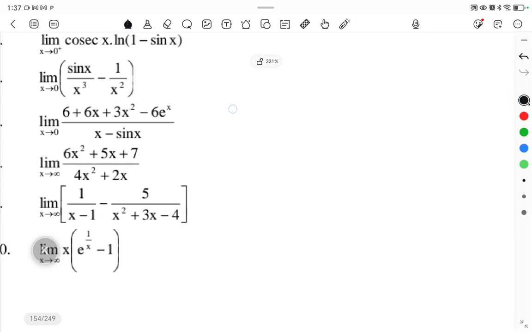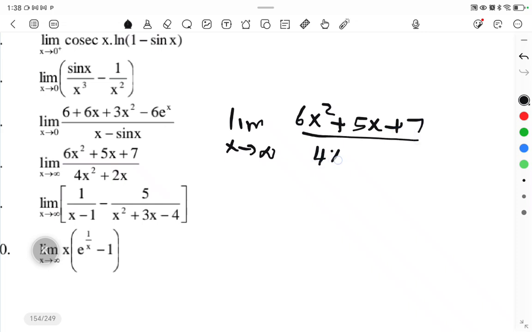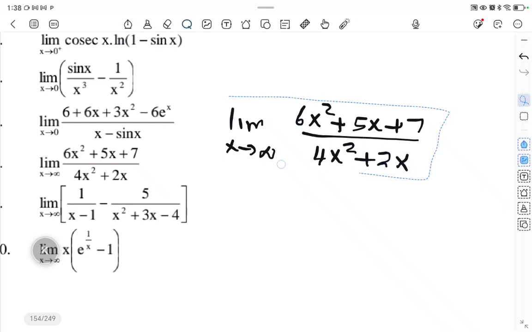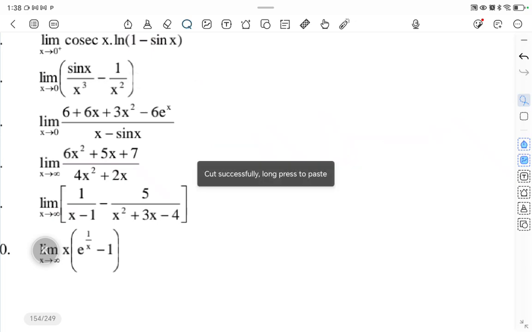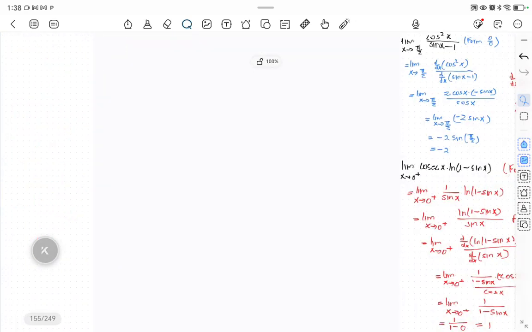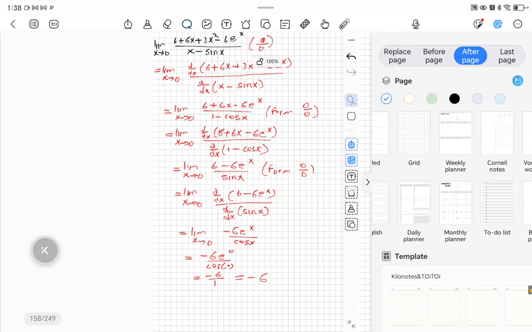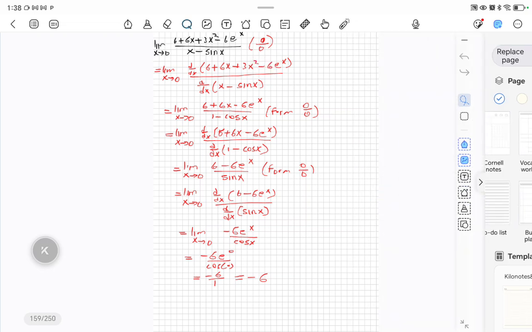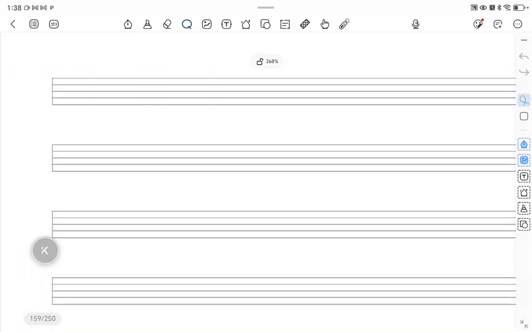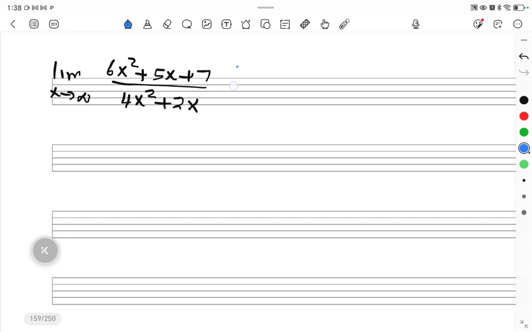On 8 we have the limit as x approaches infinity of 6x squared plus 5x plus 7 over 4x squared plus 2x. So first, we check the form.